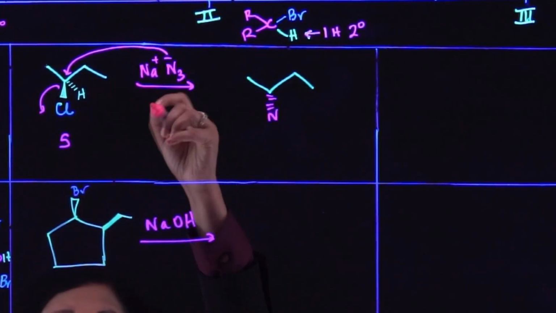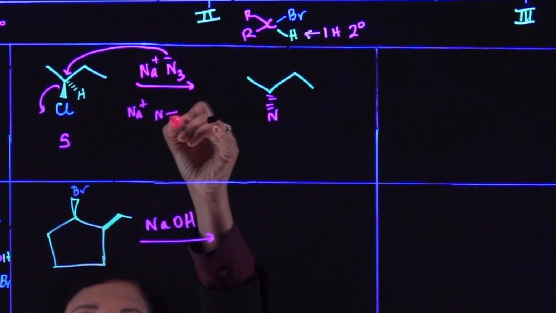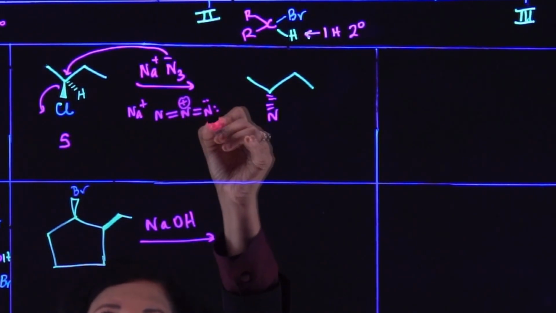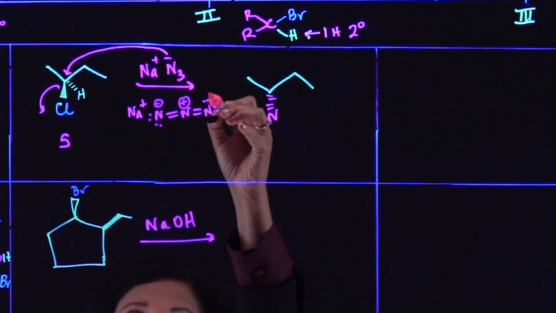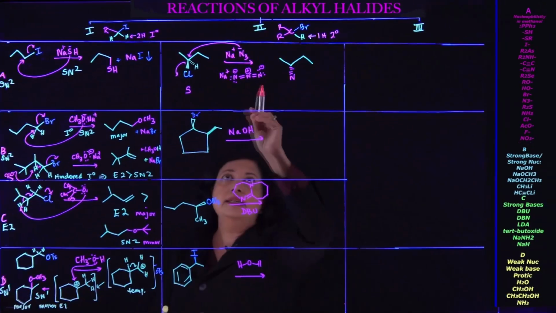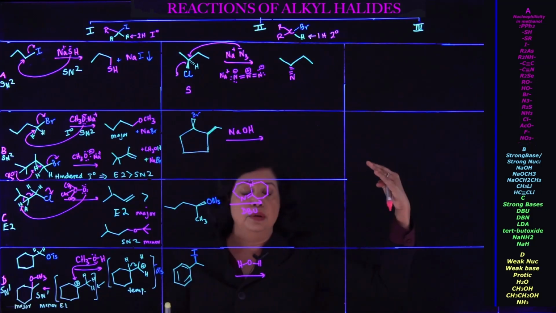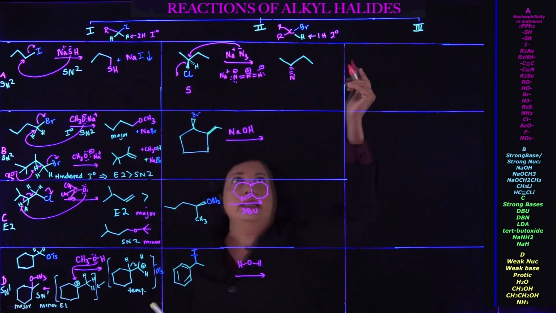So your nitrogen here, well, let's draw out the Lewis structure here. Here is your positive and a negative and a negative, so overall minus, and sodium plus. So it's like a really nice cigar shape. It has no steric hindrance at all. It comes in, attacks from the back, and kicks that out.